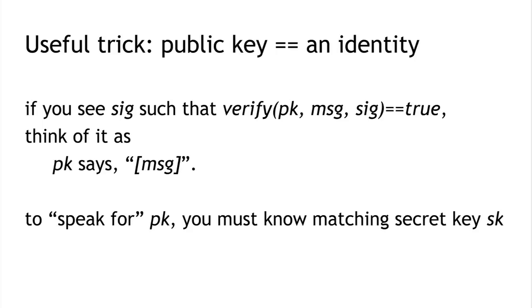And if you think about it then, for someone to speak for PK, that is, for someone to be able to make statements that will be seen as coming out of PK's mouth, you have to know the matching secret key, SK. And so if you know the secret key that corresponds to the public key PK, then you can sign messages with that secret key, and what you're doing essentially is making statements on behalf of that public key.